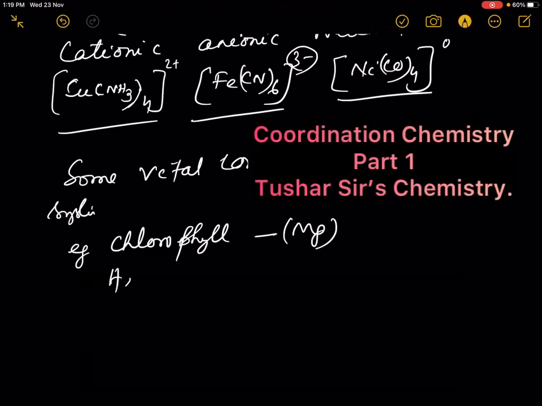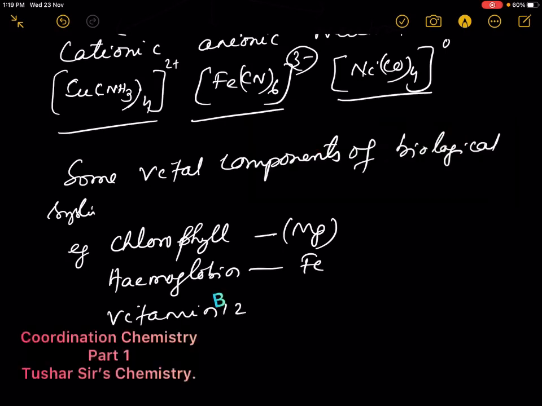Then hemoglobin is a complex compound of iron. Vitamin B12 is a complex compound of cobalt.